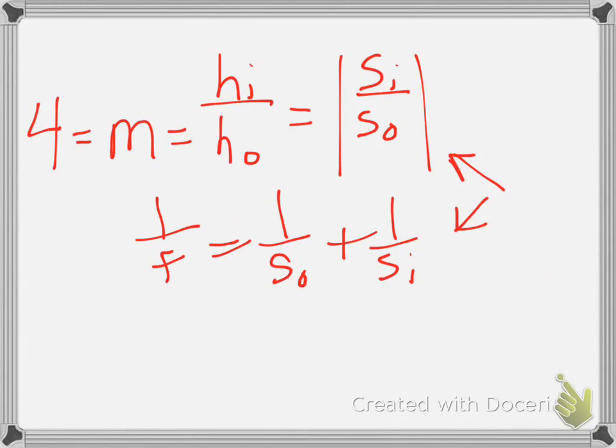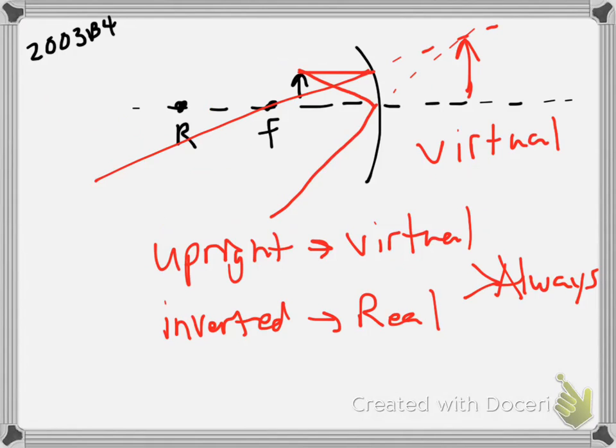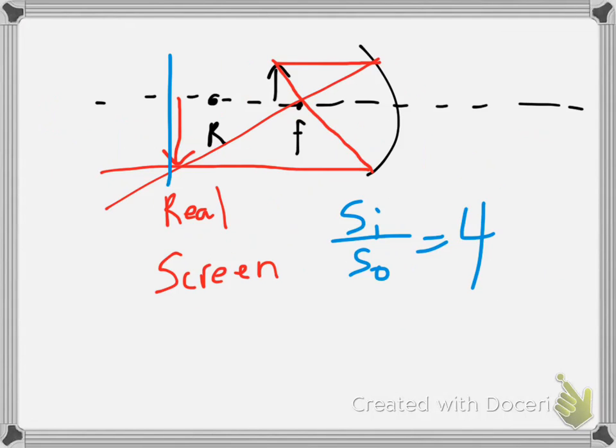In this case, right here, your SO is positive but small, while your SI is negative and much bigger. The ray diagram doesn't necessarily show much bigger, but it would be much bigger, and you can go back to your notes to showcase that. While over here, we have an SO which is positive and small with an SI that is bigger and also positive, but would also give you a magnification of 4.